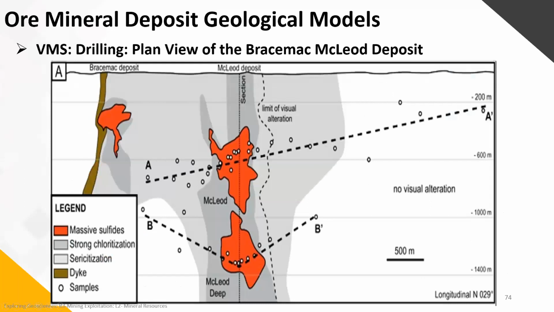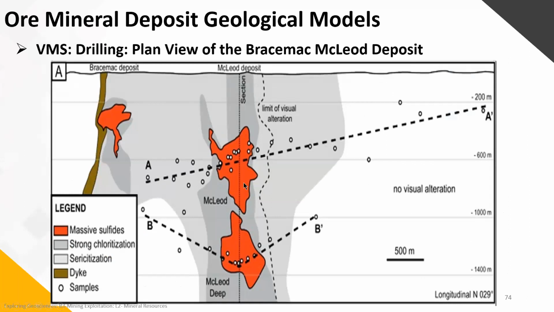If we go back to the latest discovery, a few years ago, around the Matagami area, it is the Bracemac-McLeod deposit. We have a section here, and it's just to show our main VMS lens and the importance of knowing the alteration halo around the deposit.